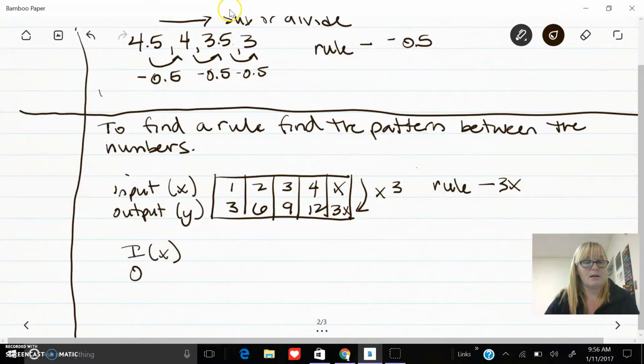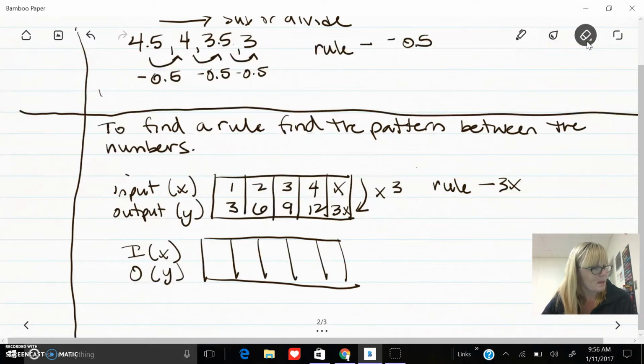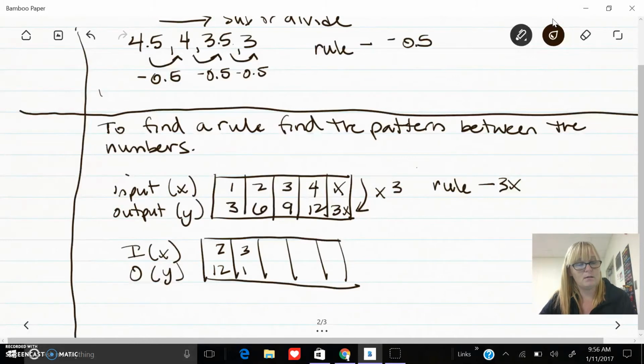All right, let's do one more. Input, which is x, output, which is y. All right, here's another set of data. I have 2 to 12, 3 to 18, 4 to 24, and 5 to 30.